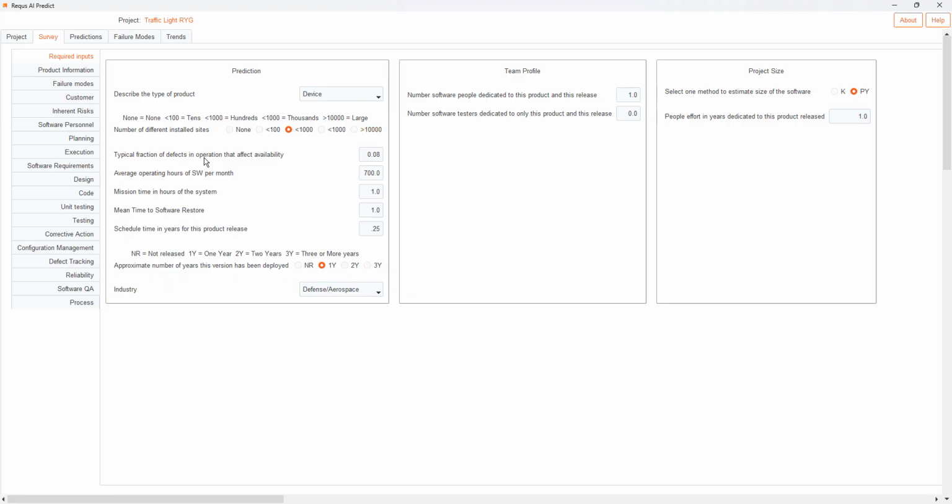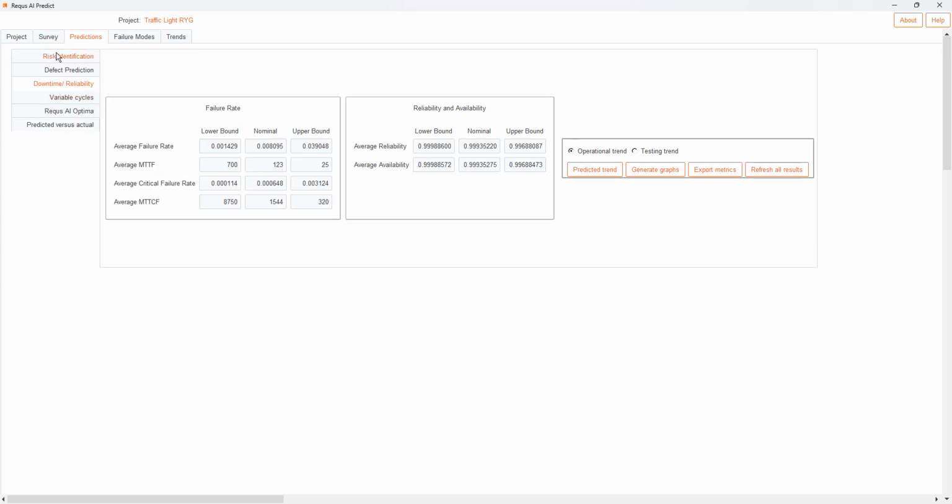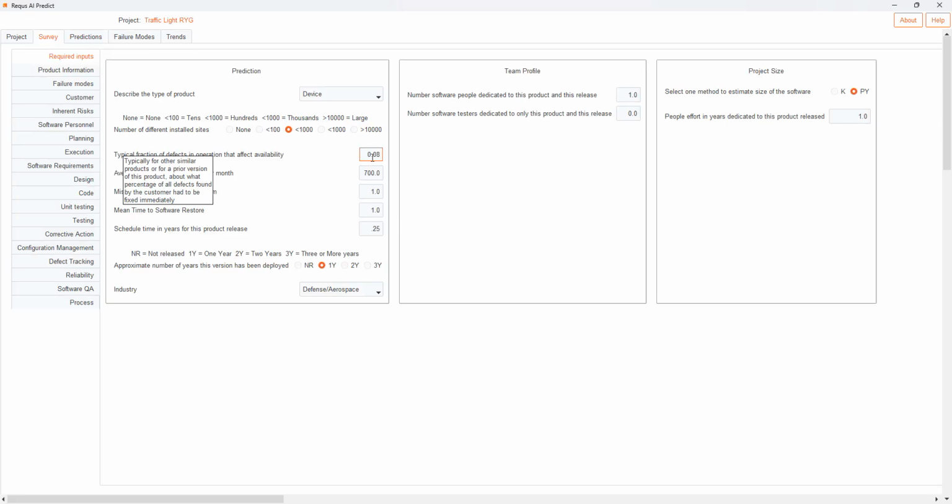The typical fraction of defects in operation that affect availability determines, if we look over here, the critical failure rate is directly related to that. If you don't know that from test data or past history, we have a default value that comes with the software.